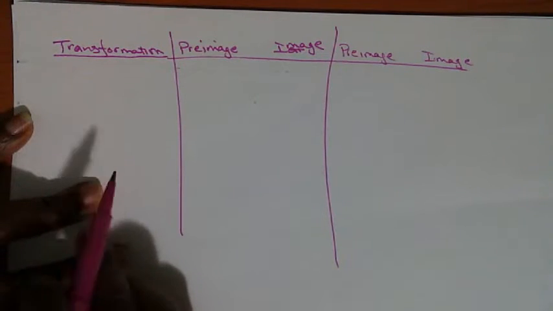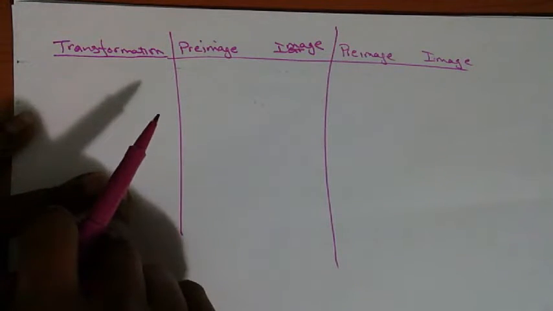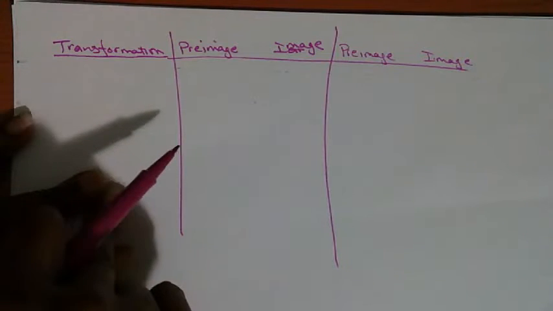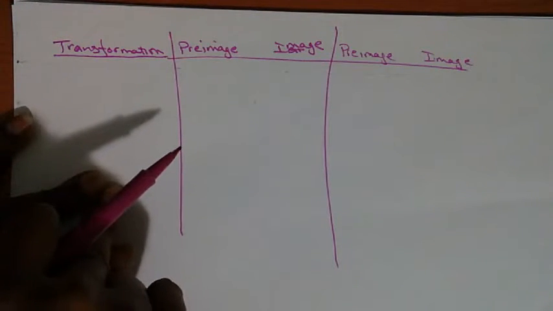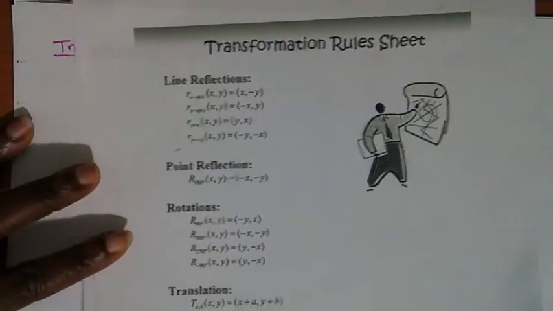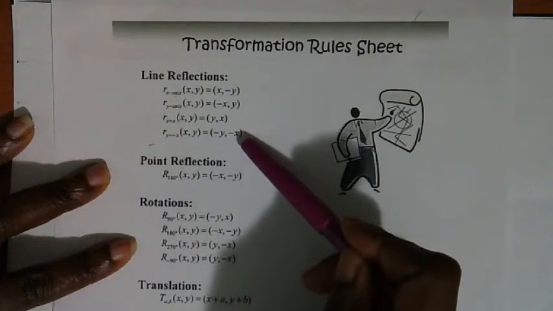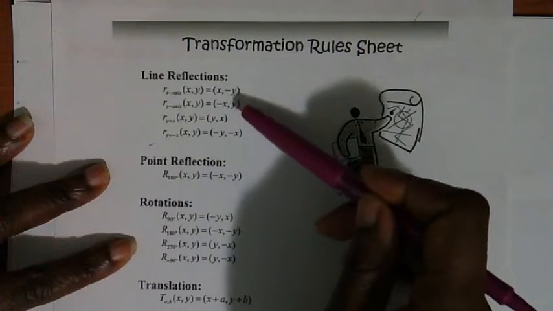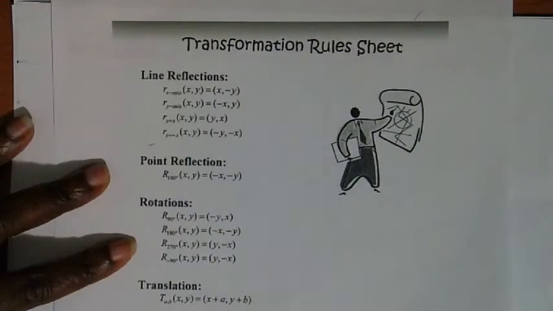Under the transformation column, I am going to show you how to do a reflection over the x-axis first. In the first column you have 4 different reflection problems, and I'm going to use the same order as on your worksheet.